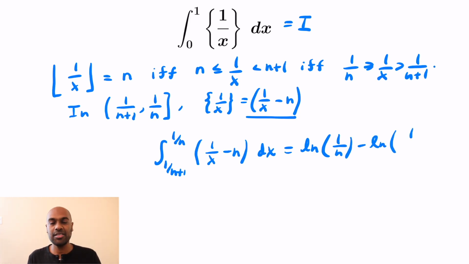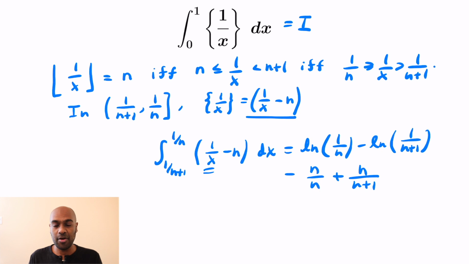So the antiderivative of 1 over x is ln. So we get ln of 1 over n minus ln of the quantity 1 over n plus 1. And then we're subtracting n times the length of the interval. n is a constant here. So we get n over n, and then plus n over n plus 1.